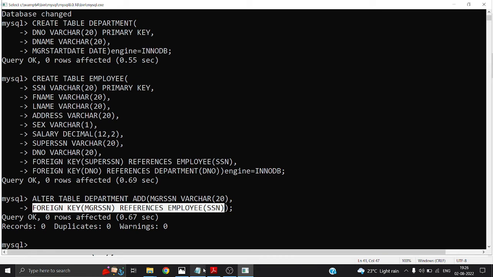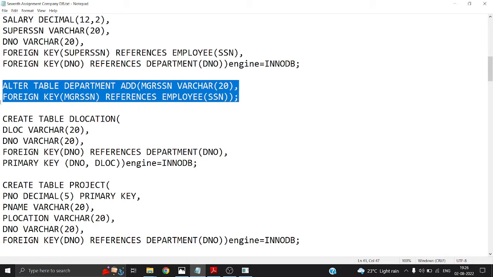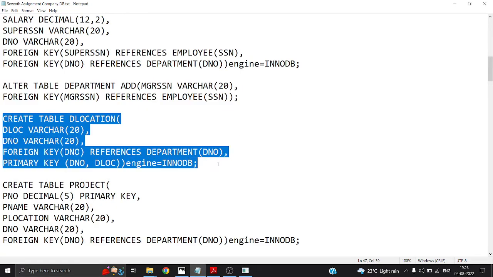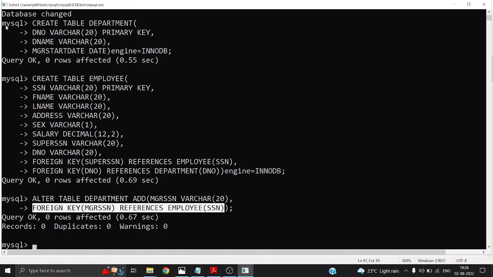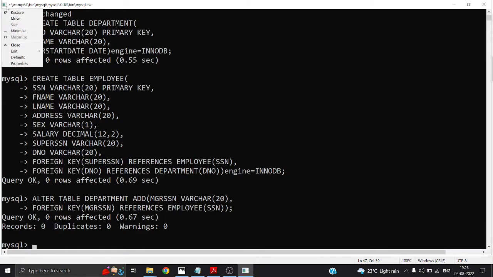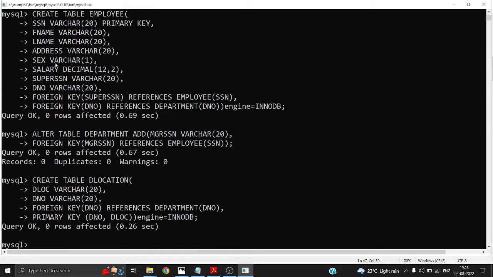Now we will move ahead with the next table, DLocation, which maintains information about department locations. This is another simple table, designed exclusively for storing department location and department number. In it, department number is the foreign key referring to the department table.